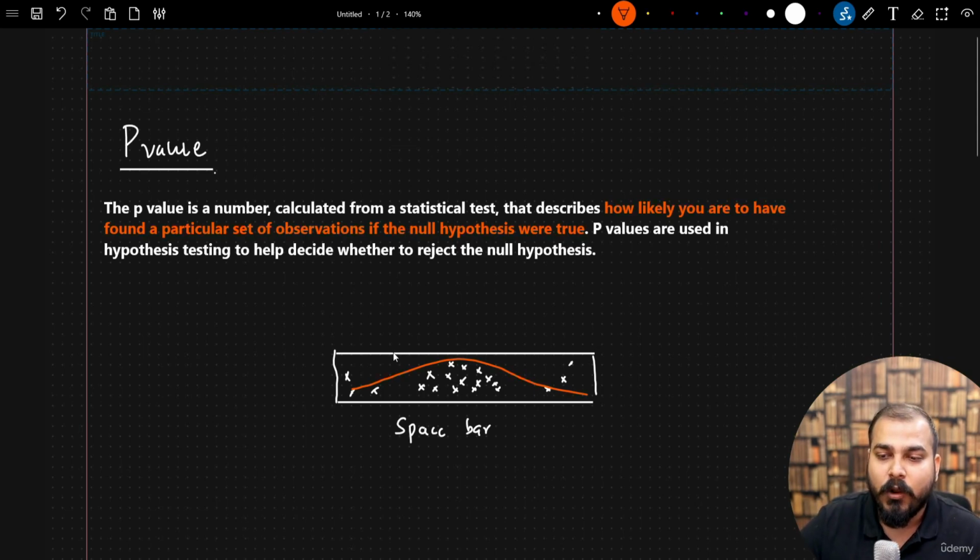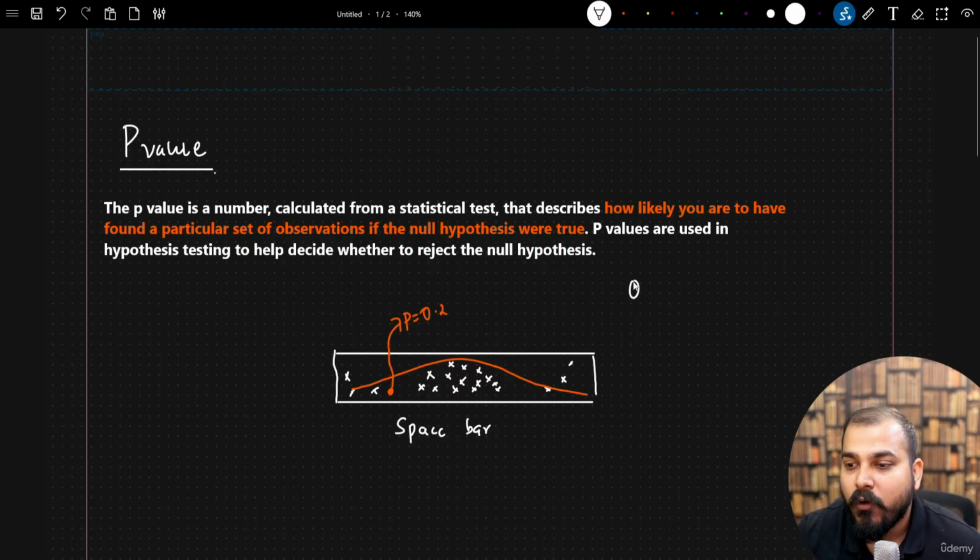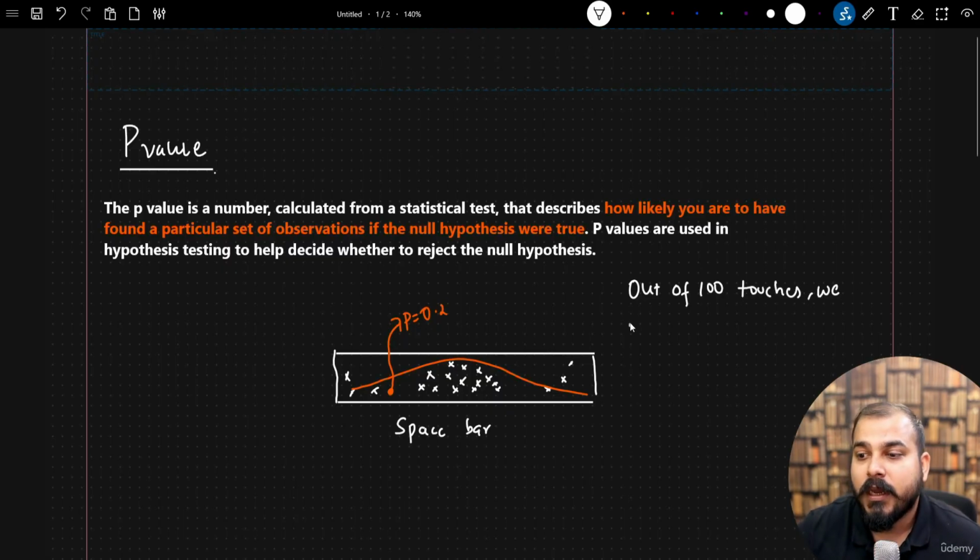Now within this kind of distribution, let's say for one of the data points over here, I say my p-value is 0.2. What does this basically mean? This means out of 100 touches on this space bar, we touch around 20 times in this region specifically.